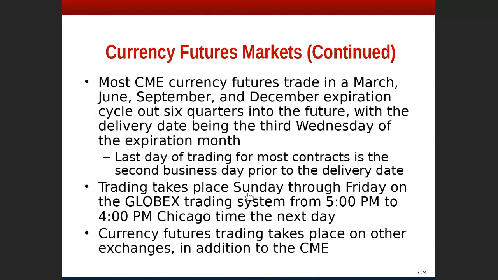Trading takes place Sunday through Friday on the Globex, a trading system, from 5 p.m. to 4 p.m. Chicago time the next day. Currency futures trading takes place on other exchanges in addition to the Chicago Mercantile Exchange.